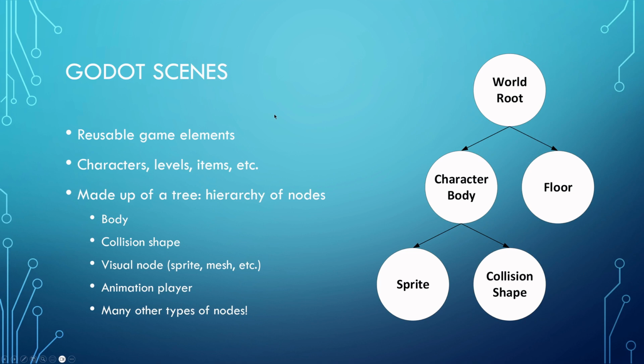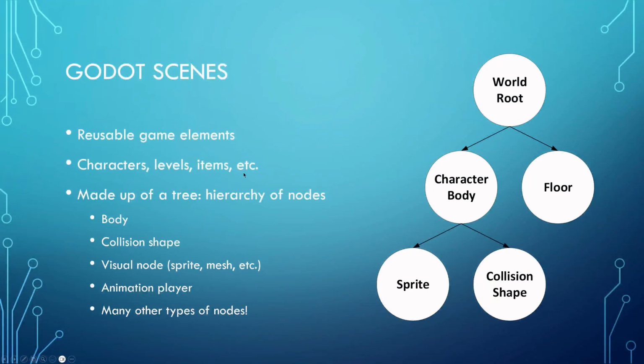So in Godot, we have what are called scenes, and one scene is really a scene tree. And when we talk about scenes, what we're really talking about are typically reusable game elements. So like the main character might be its own scene, a level might be its own scene, reusable items might be their own scene, all sorts of different things that you can reuse will be scenes.